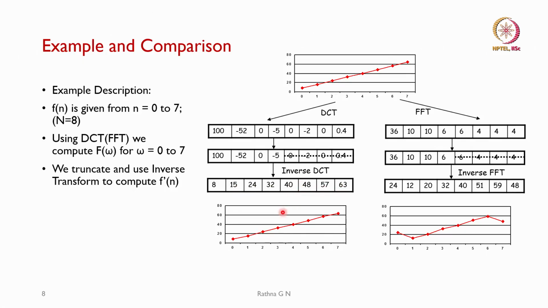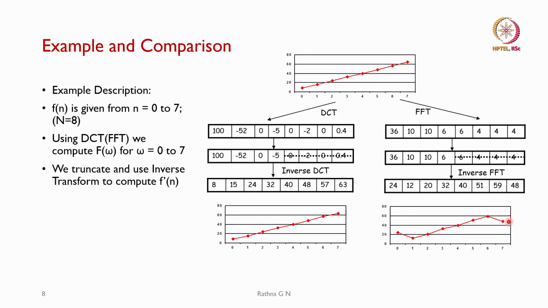But when we plot the graph, it almost resembles the original plot, with a little loss of information. When we reconstruct from the FFT, that is IFFT, you see a lot of difference in the values at some places. Here it has gone bad and here it is a little smooth.